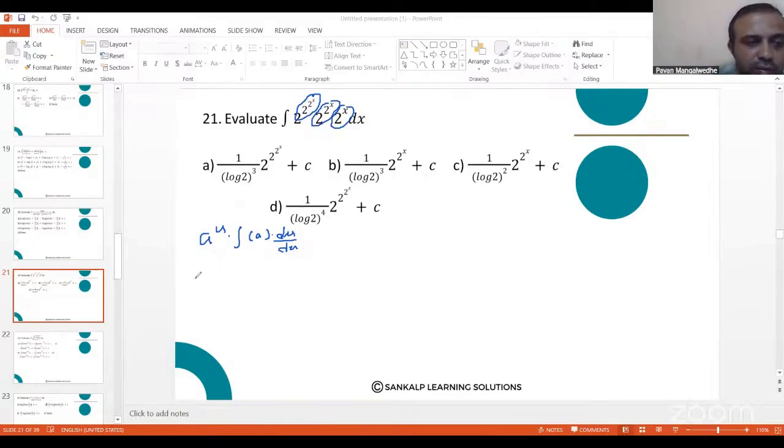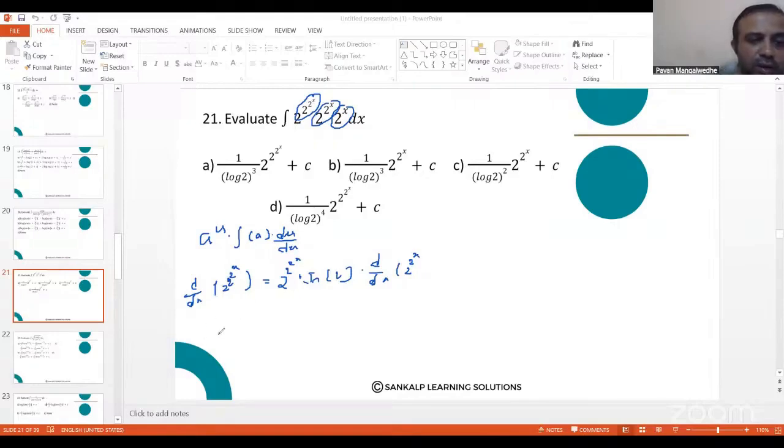So step by step, d by dx of 2 raised to 2 raised to 2 raised to x. If you try to solve this, it will become 2 raised to 2 raised to 2 raised to x into the integration of 2 into d by dx of 2 raised to 2 raised to x.